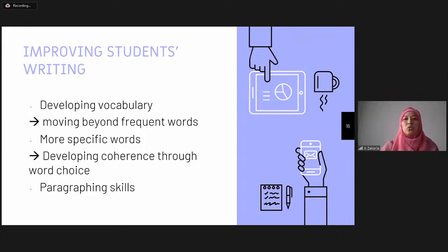So not just to use connectors all the time, but also to develop coherence by the specificity of their word choice. Finally, we also found that paragraphing skills are very important, because you don't want too many little paragraphs.